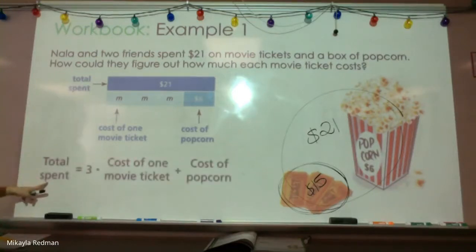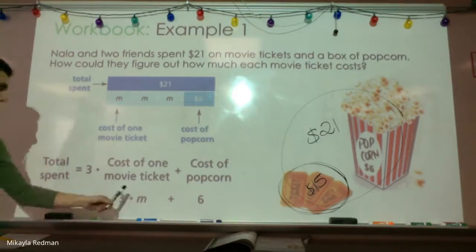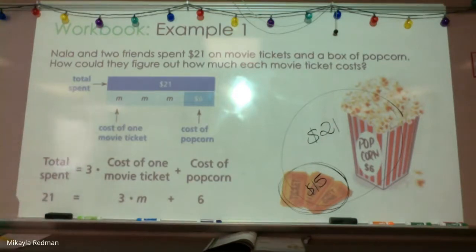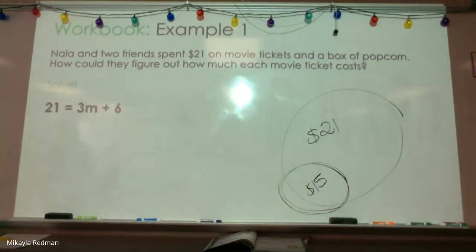We have the total spent is equal to 3 times the cost of 1 movie ticket, because they're buying 3 movie tickets, plus the cost of popcorn. So the total spent is $21. The cost of 1 movie ticket, we represent with M as that variable, and the cost of popcorn was $6. So here's our equation: 21 is equal to 3M plus 6.